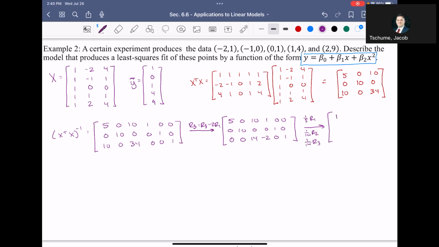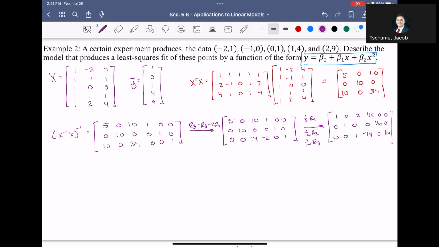So you should get 1, 0, 2, 1/5, 0, 0. Then you're going to get 0, 1, 0, 0, 1/10, 0. And then by a 14th, that would be 0, 0, 1, -1/7, 0, 1/14.